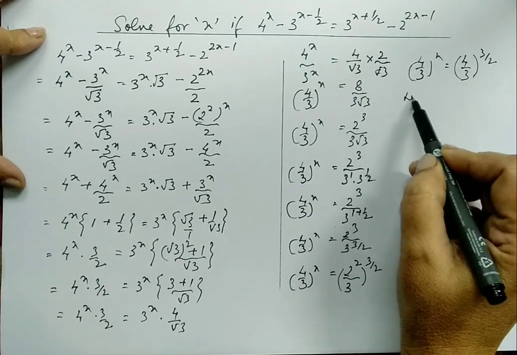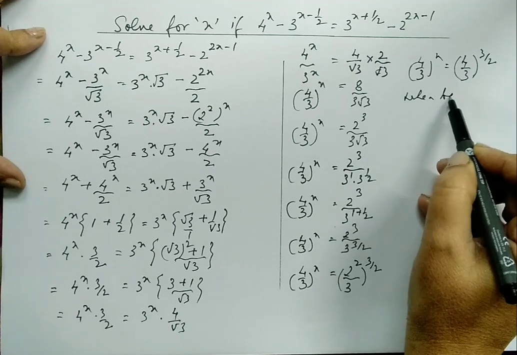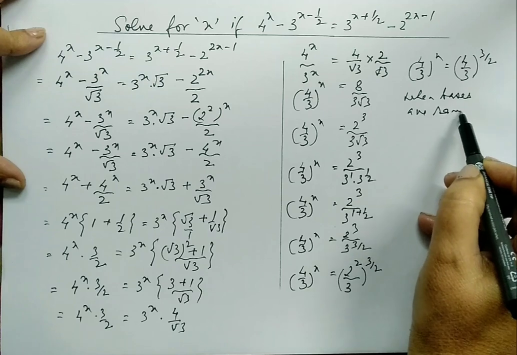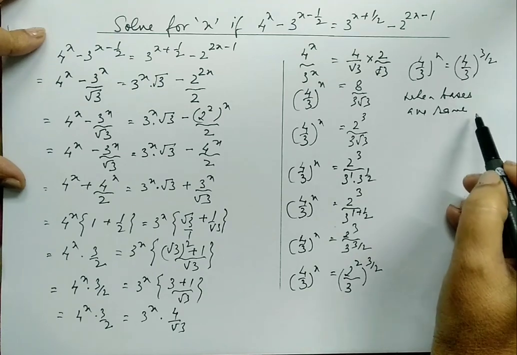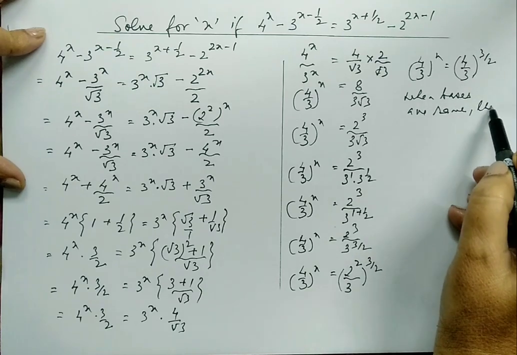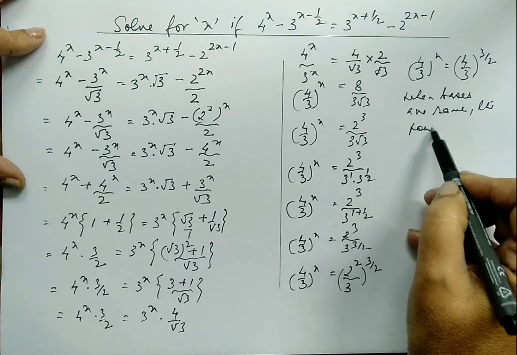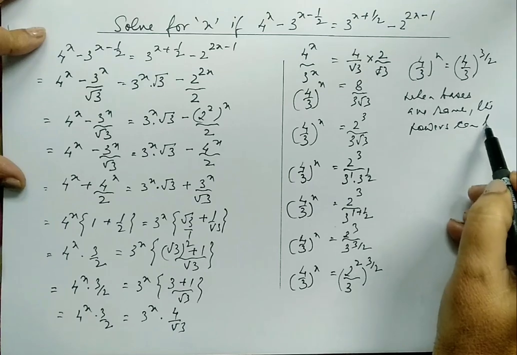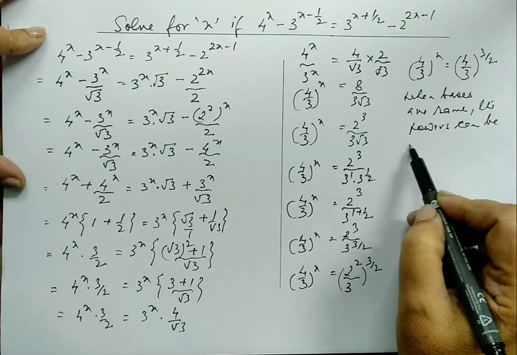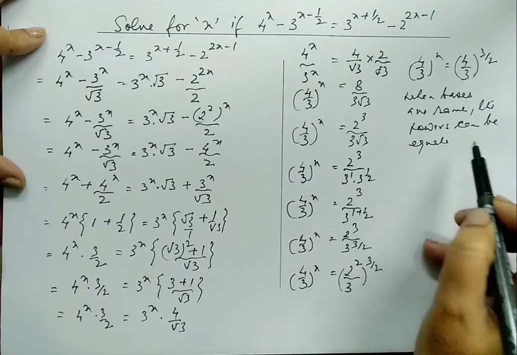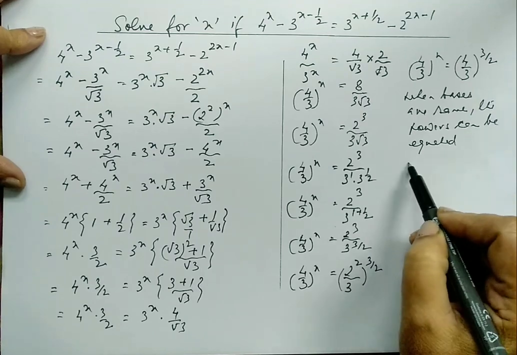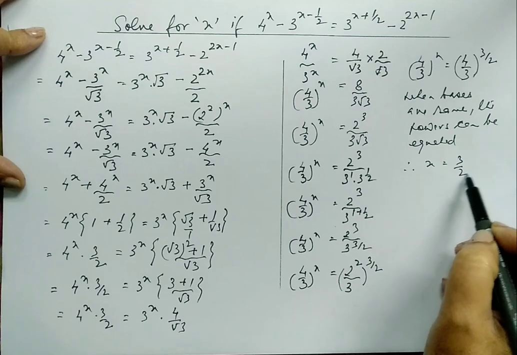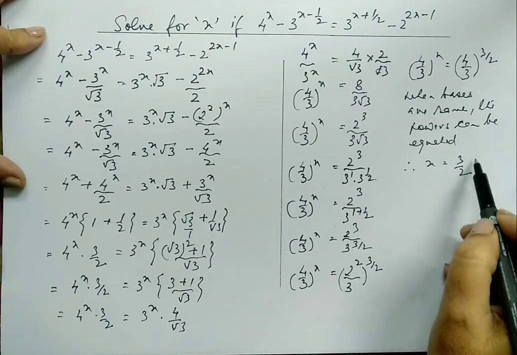So when bases are same, the powers can be compared or equated. Correct? Therefore, x equals to 3 by 2 and that is our answer.